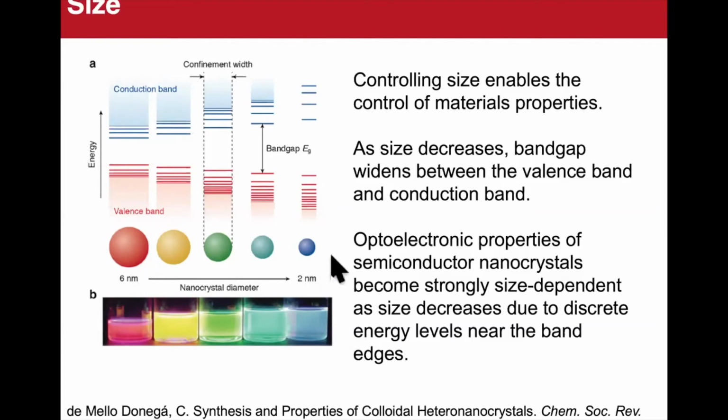So you can see here that as the size decreases, the band gap widens between the valence band and the conduction band. So that's what we'll be probing when we measure the absorption of these solutions. Right? So the band gap is highly size dependent, and that's due to the discrete energy levels near the band edges.